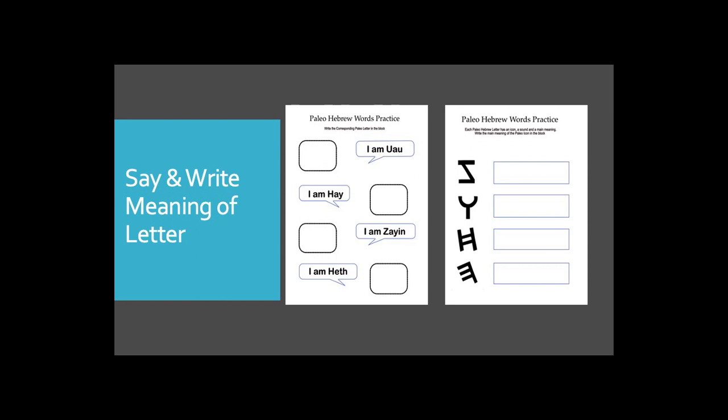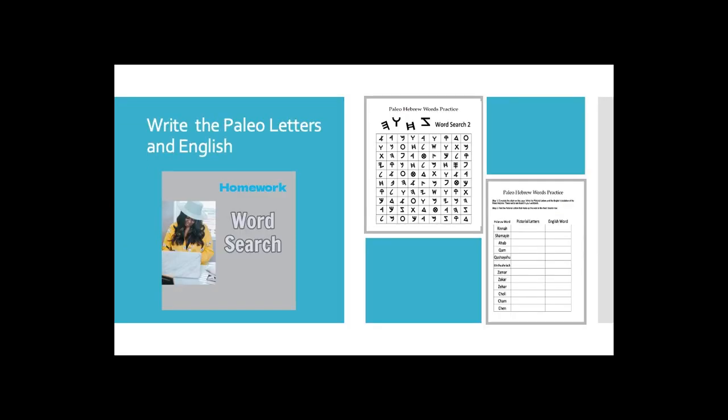Okay. Now this one, I'm going to suggest that you turn off the video and work on it and then come back. And this is page 41. You're prepping to do page 42. So you have the Hebrew word and you want to write it in Eberith. And then you want to give yourself the English word for that, just for practice.